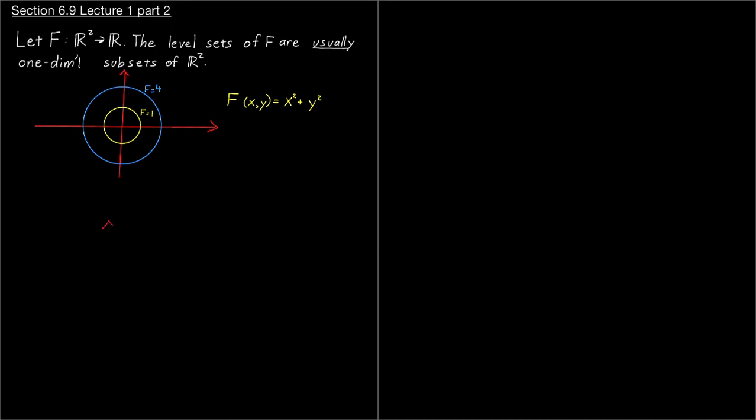Another set of level sets you may be familiar with are the hyperbolas. This is f of x, y equal to x squared, now minus y squared. And then our level set f equals 1.